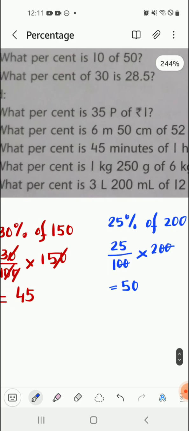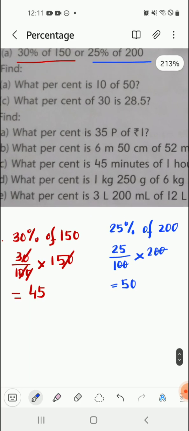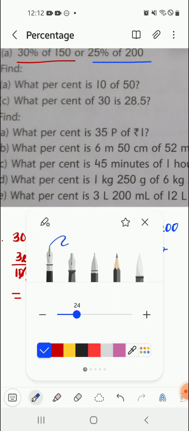So we have got both the values. 30% of 150 is 45 and 25% of 200 is 50. So we can clearly see that 50 is the greater number. We will mark this as the greater one.